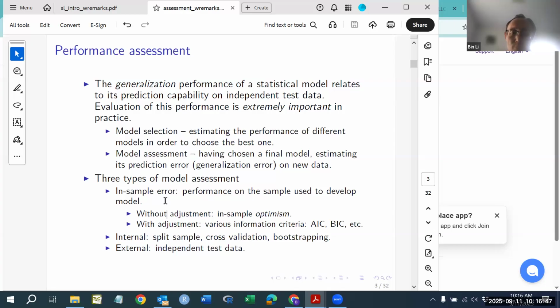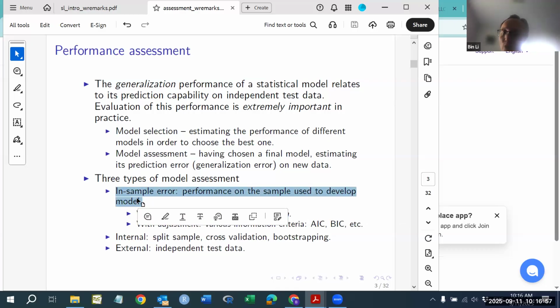For the in-sample approach, it's the performance on the sample used to develop the model. So we don't need a test sample. We just use the training set, but we do have a way to get the in-sample error minimized, and you will see that in a minute.